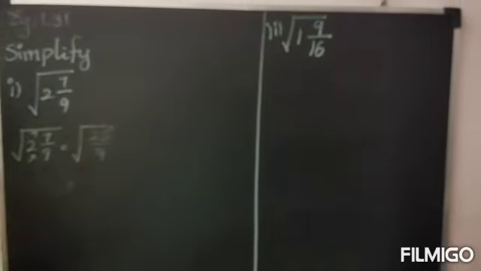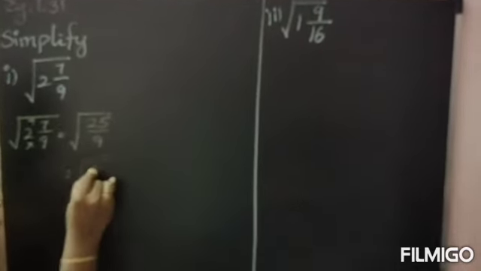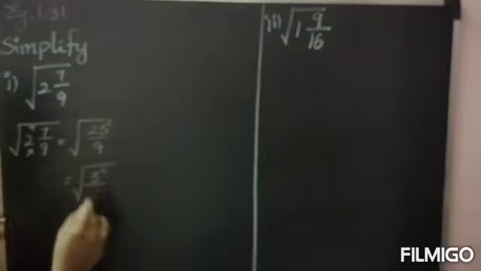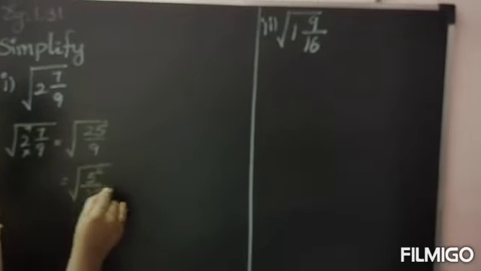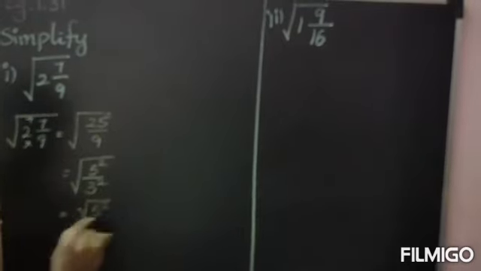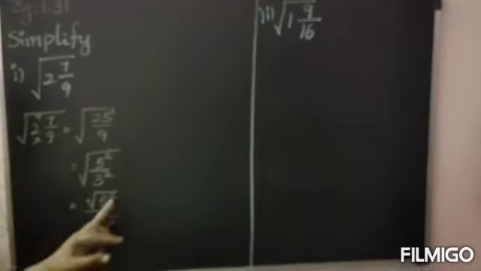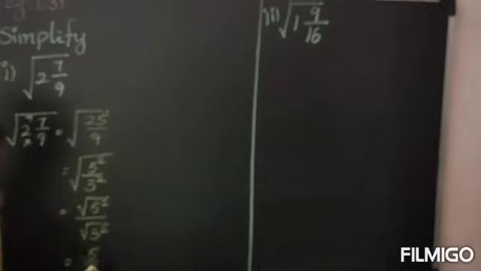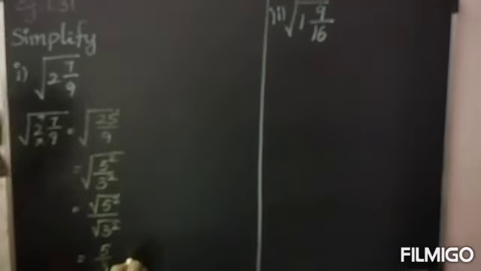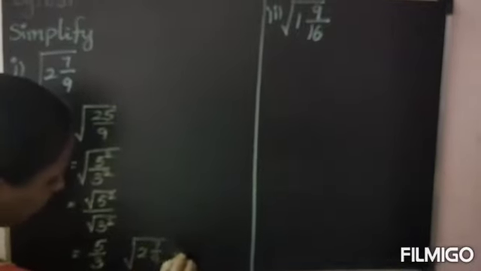So 25, how can you write 25 in square now? 5 square. Square root of 5 square divided by 9 can be written as 3 square. Separate these two: square root of 5 square divided by square root of 3 square equal to, square and square root will get cancelled. We will get the numerator as 5 and the denominator as 3. So therefore square root of 2 7 by 9 equal to 5 divided by 3.